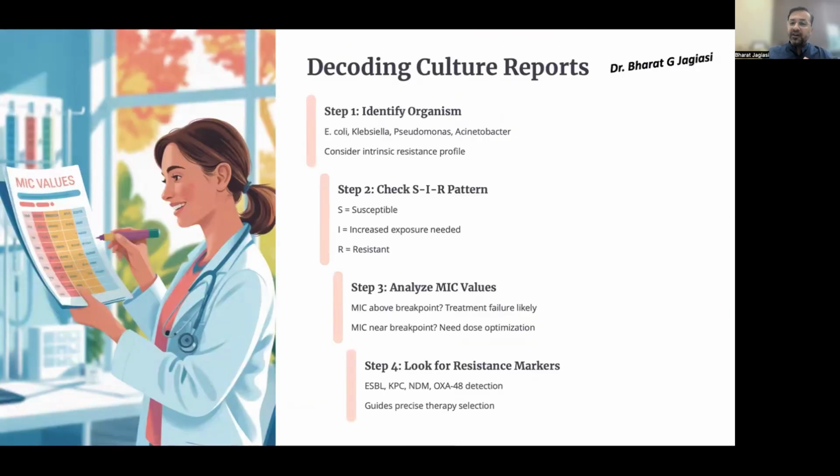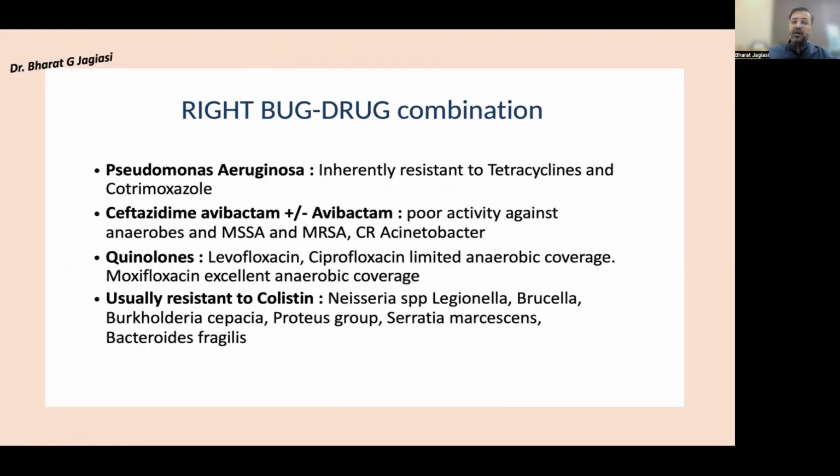So how do we decode our culture report? Identify organisms, check resistance patterns, analyze MIC, and also look for resistance markers to guide your therapy. If we look at this small cheat slide, right bug drug combination. Pseudomonas aeruginosa is inherently resistant to tetracyclines and cotrimoxazole.